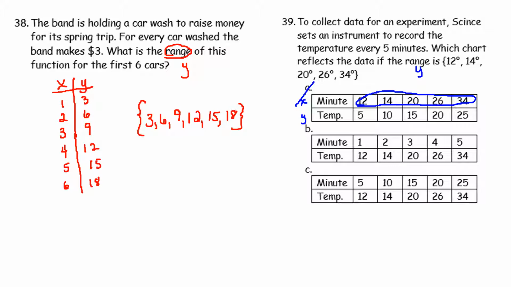So that's a no. Now this one, B, we have those numbers for our y values. So that looks good. But now let's look here, and it says the temperature was taken every 5 minutes. If we look here at the minutes, it was taken every minute, not every 5 minutes. So this one is wrong. Now looking at choice C, we see that we've got the correct range. It's in the y's, and then our minutes, our x values are every 5 minutes. So C is the correct answer.